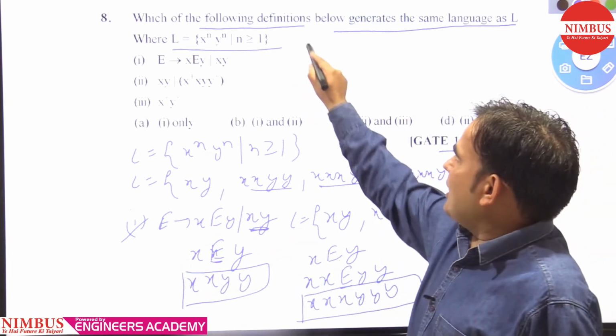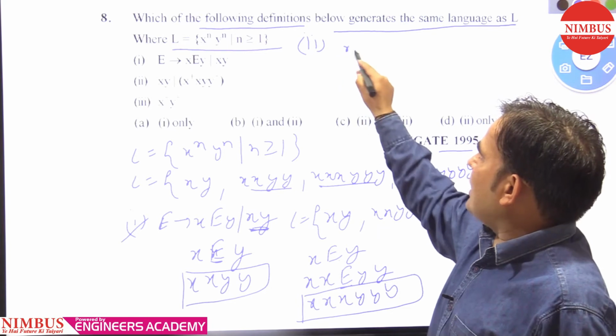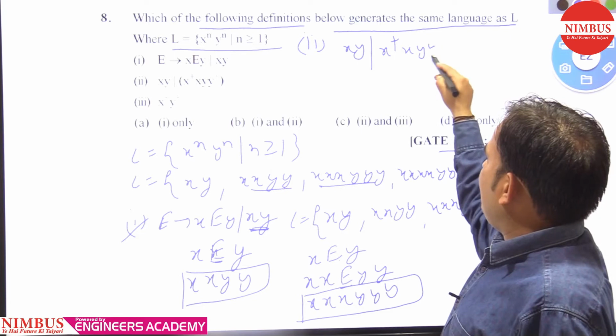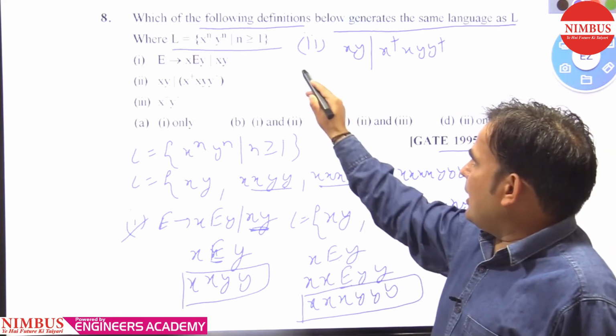Okay, so let's take the second: xy | x+ xy y+, right?